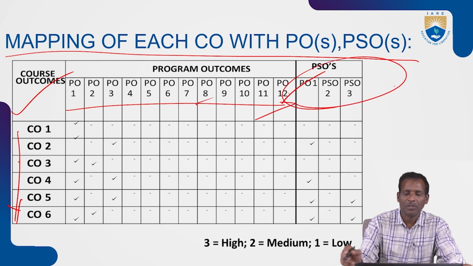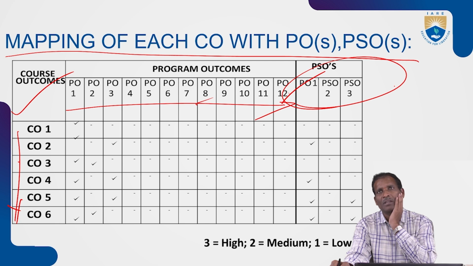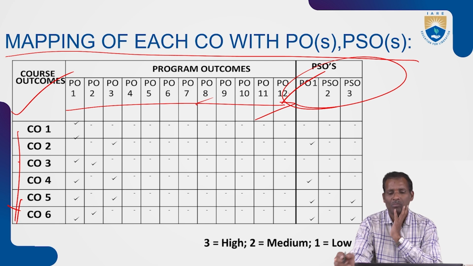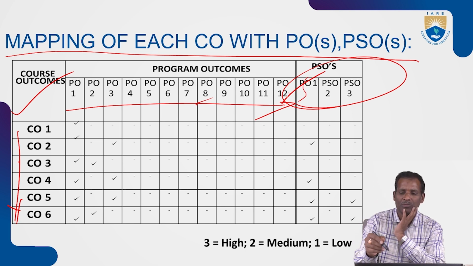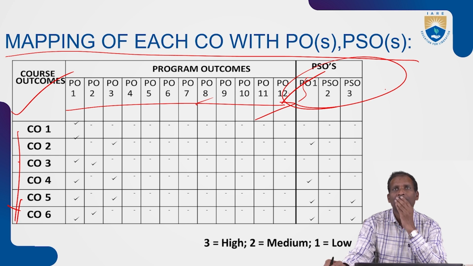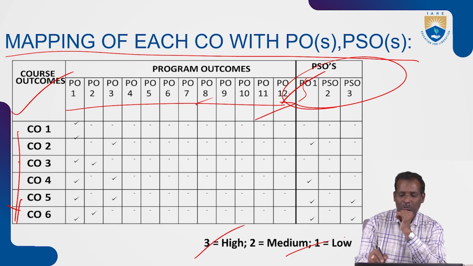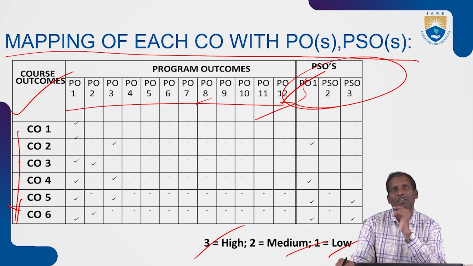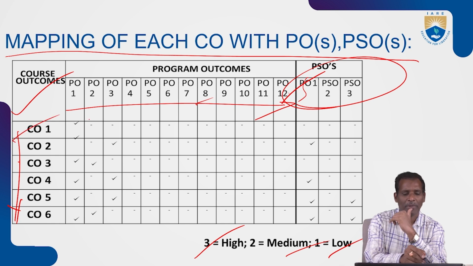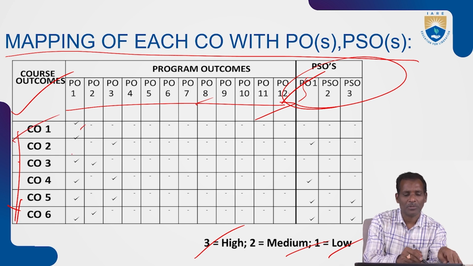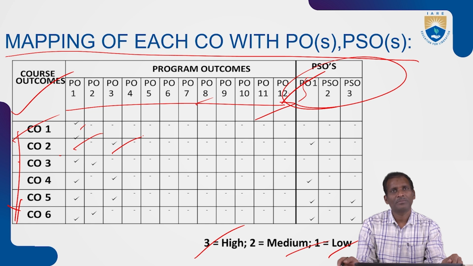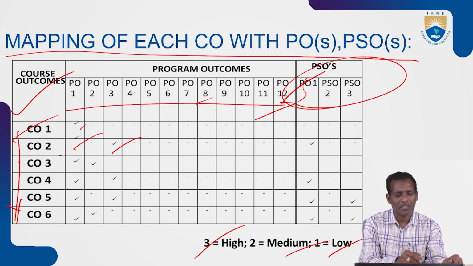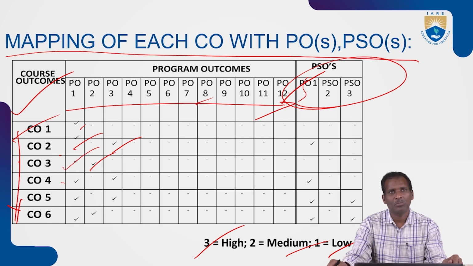And 3 PSOs are there, PSO1, PSO2 and PSO3. The strength given here is 3, 2 and 1. So according to the weightage, you should map with these POs. CO1 is mapped to 1, CO2 is 1 and 3, and CO3 is 1 and 2.